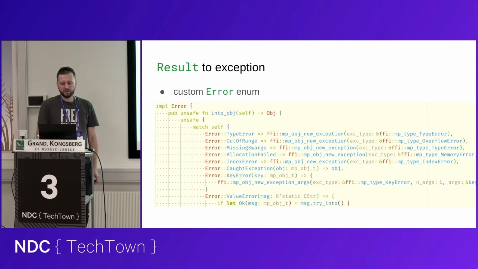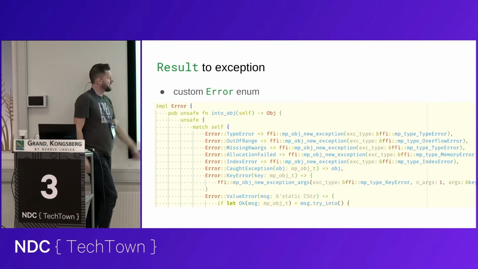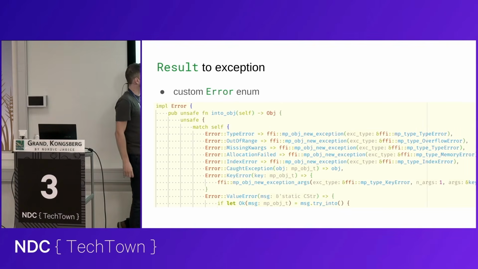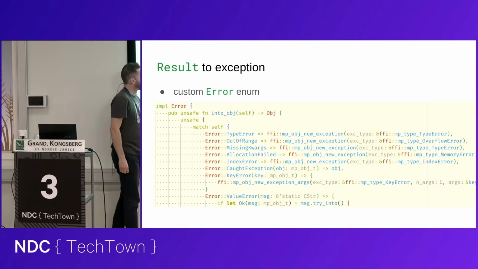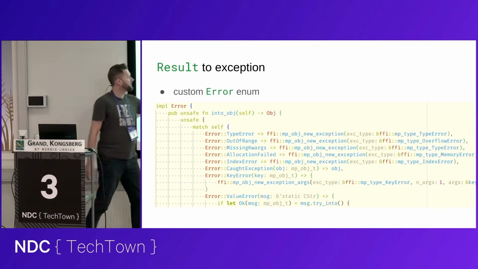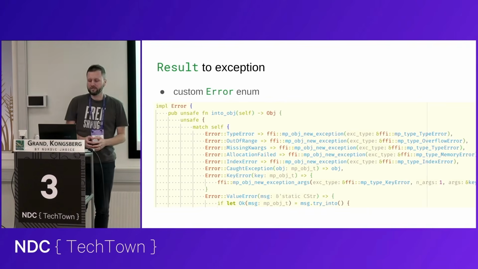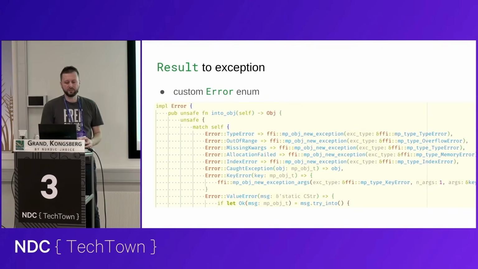Going from result to exception is pretty OK. We have a custom error enum that enumerates some possible errors. And we have this unsafe function that converts it into a Python object. This is unsafe because creating an exception, this function is special. MicroPython has something called the emergency exception buffer.